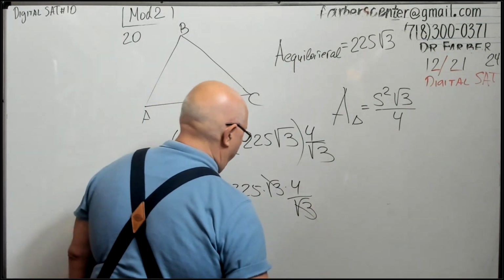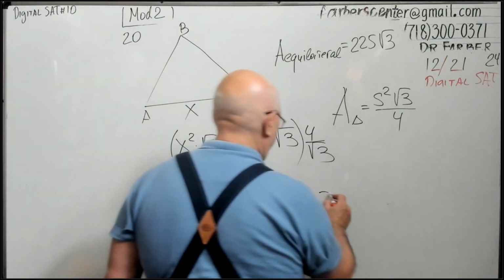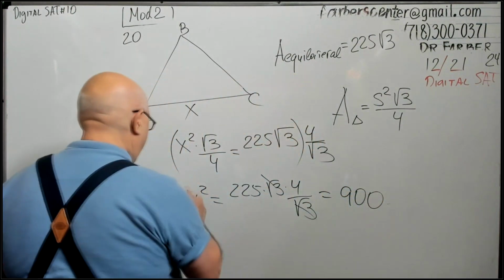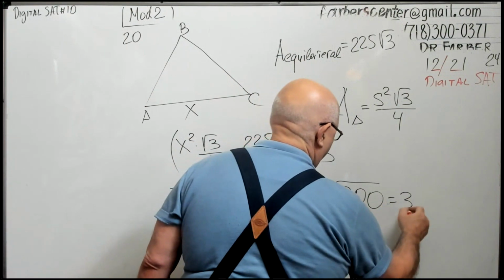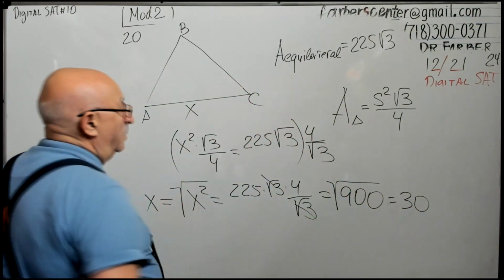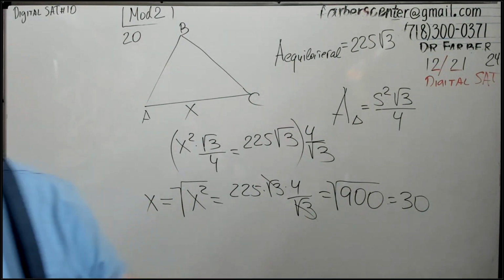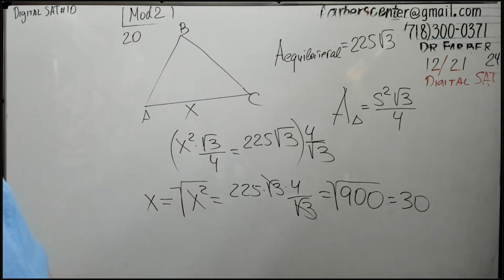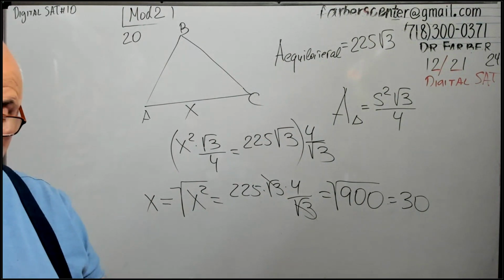Cancel, cancel. 900. How to find x? Take the square root of both parts, and this equals 30. Okay, who understands everything up to this point, students? Next few questions.